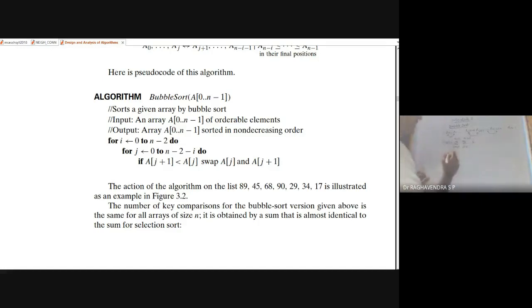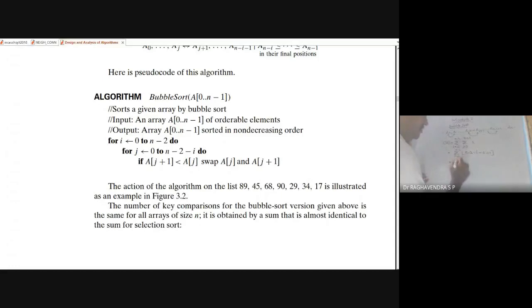Now you simplify this. I am keeping the first summation as it is, sigma i is equal to 0 to n minus 2. Next, upper bound minus lower bound plus 1. So n minus 2 minus i, minus 0, that is the lower bound, then the remaining 1 plus 1.